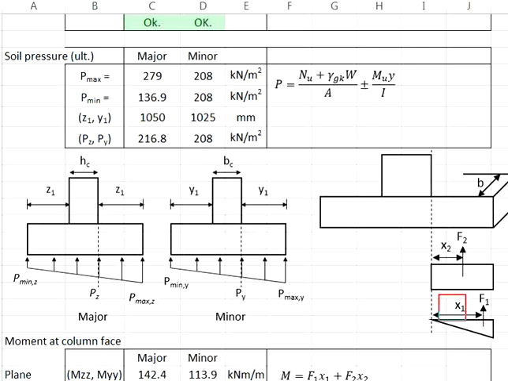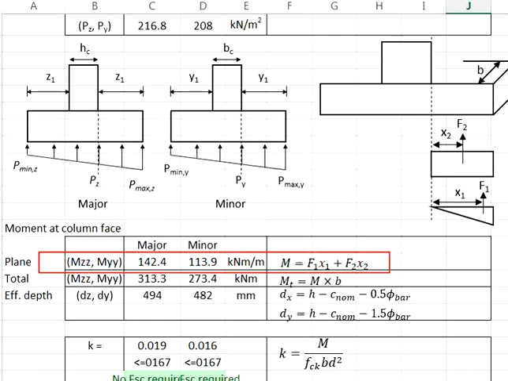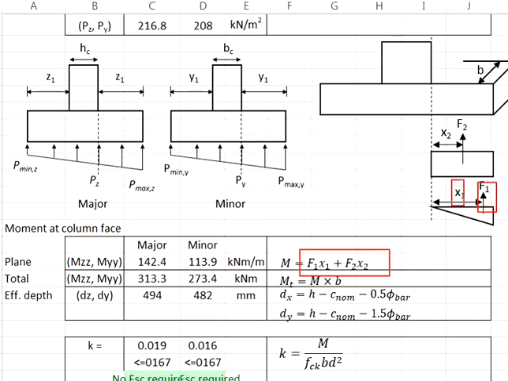That will be the lever arm x1 for the triangular force. From there, you will be able to determine the plank moment in the major and the minor axis. This is calculated based on F1 multiplied by x1 plus F2 multiplied by x2.